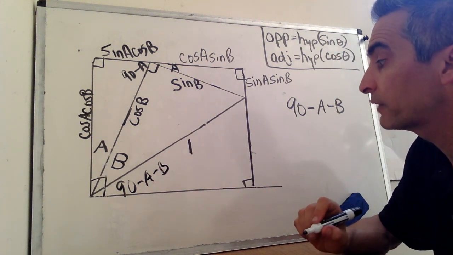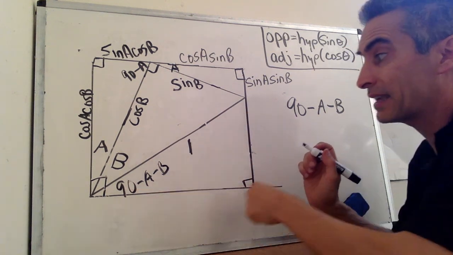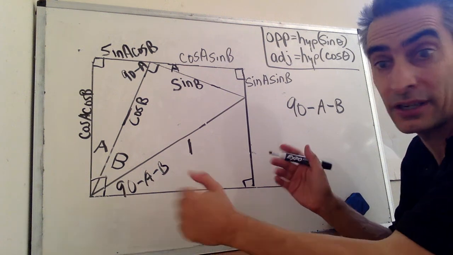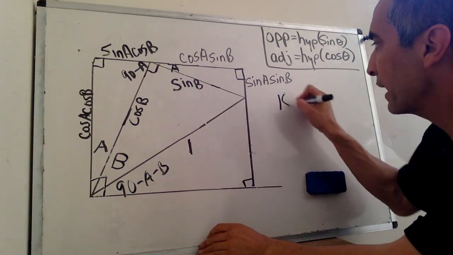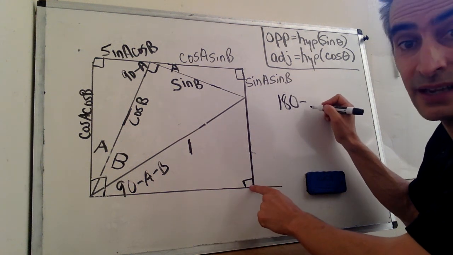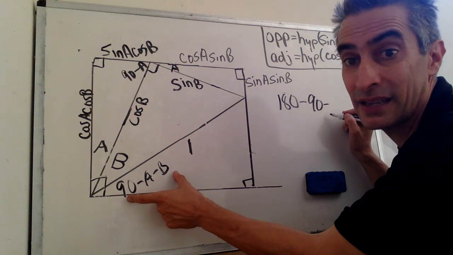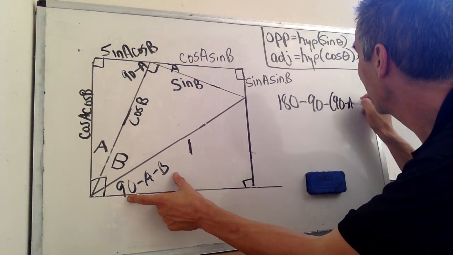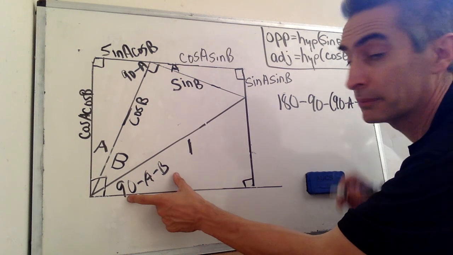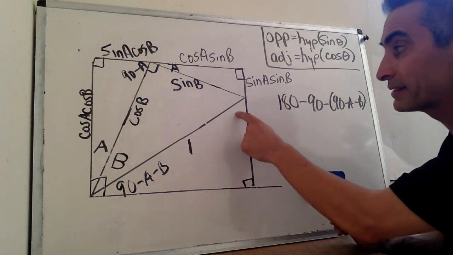And next, we want to figure out what this angle right here is. Well, this is a triangle. A triangle has 180 degrees. So we define this one right here as 180 minus 90 for the right triangle, minus (90 minus A minus B), all in parentheses. And we just simplify here to figure out what this angle measures.